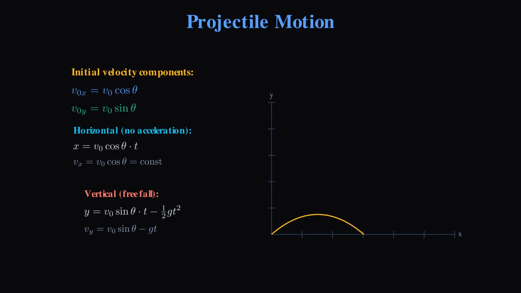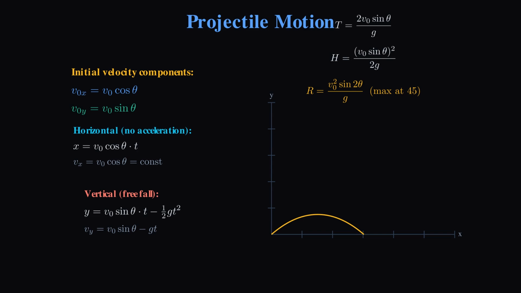Two solutions, t equals 0, the launch moment, and t equals 2 v0 sine theta divided by g. The second solution is the time of flight. Notice, time of flight depends only on the vertical component of the initial velocity, not the horizontal.